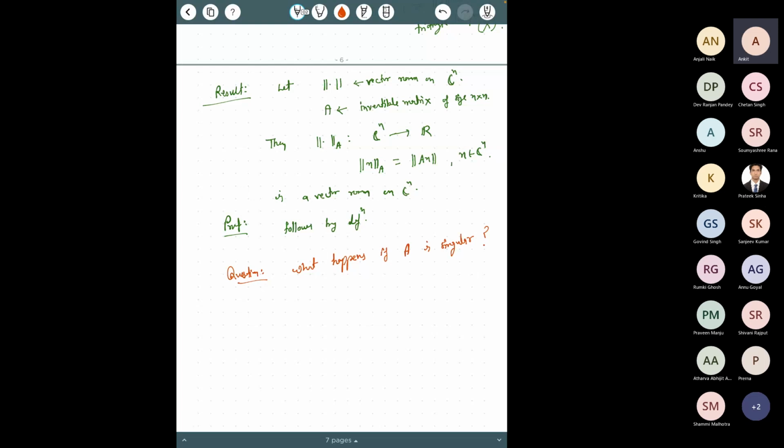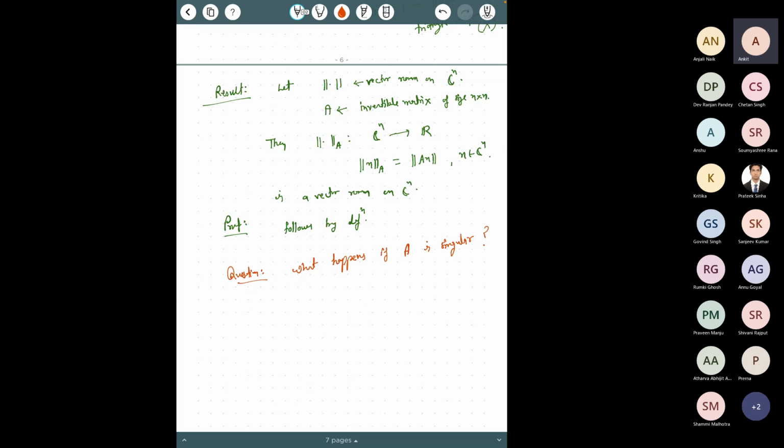All right, so now let me make a comment before I go further. In today's lecture so far, we have defined vector norm. We saw some motivation, and then we formally defined what a vector norm on a vector space is. Then we saw some standard examples of LP norms on Fn.